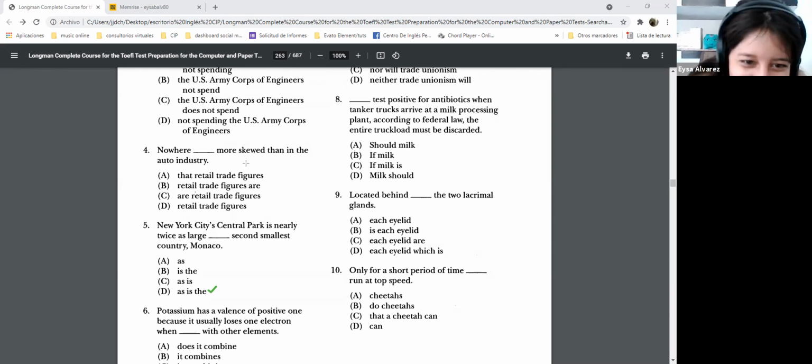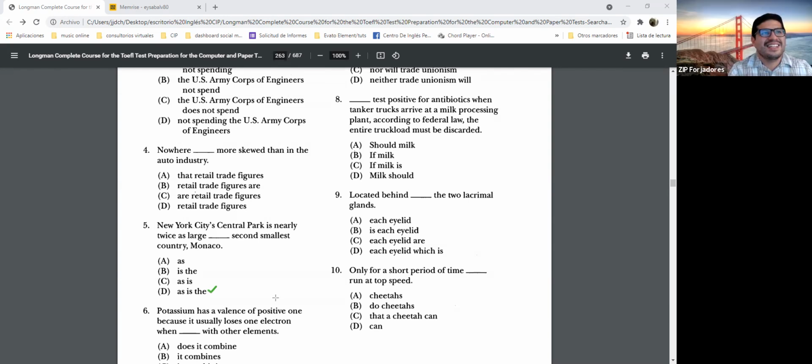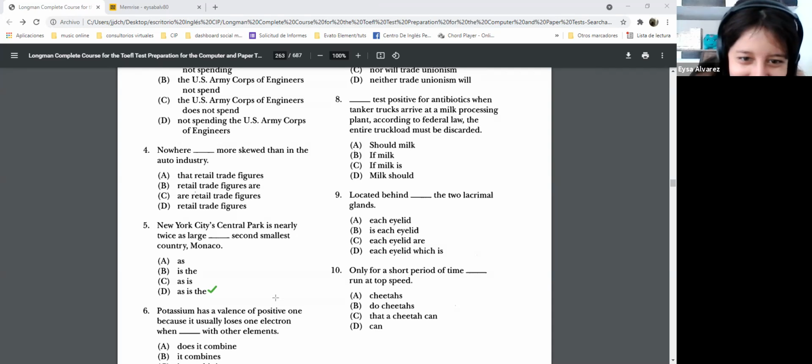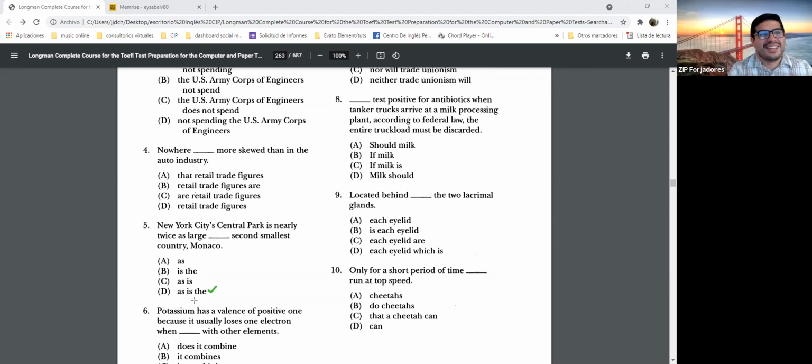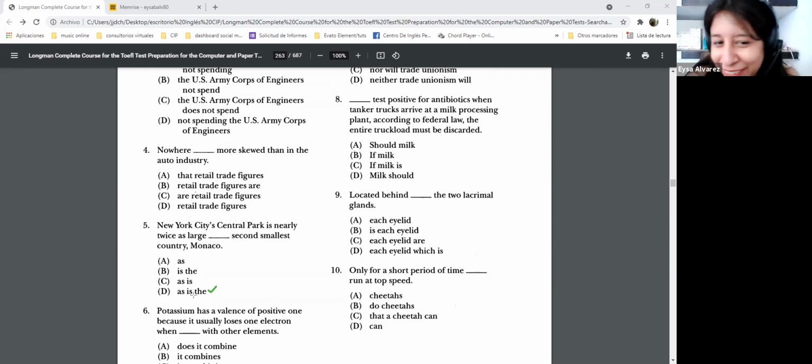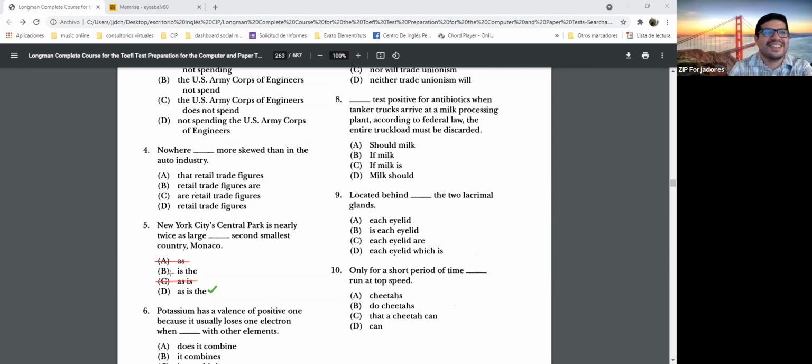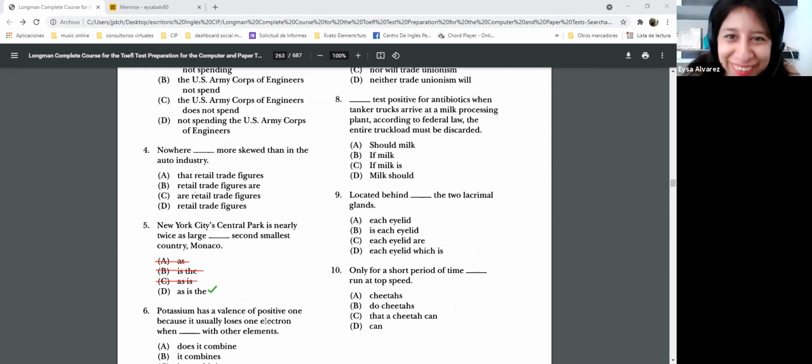And then I was thinking that I need an action also. I was between the letter C and letter D, but then I remembered that it is a superlative, the smallest. So that's why I chose the B. Exactly, that's right. Very good.